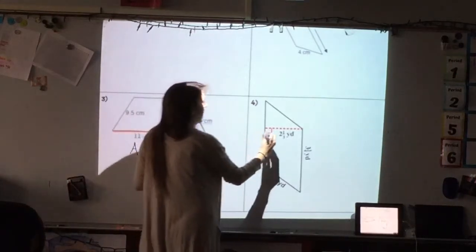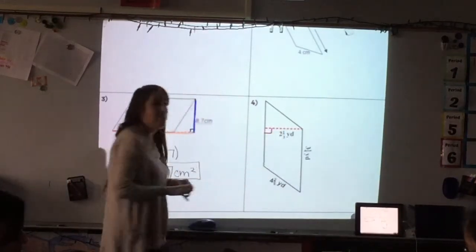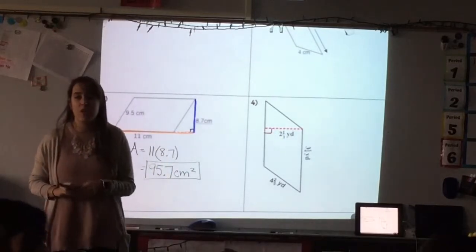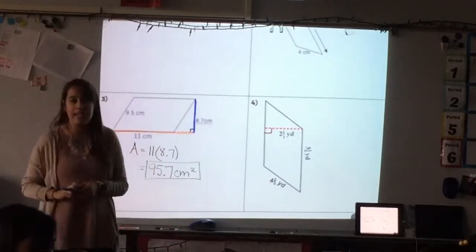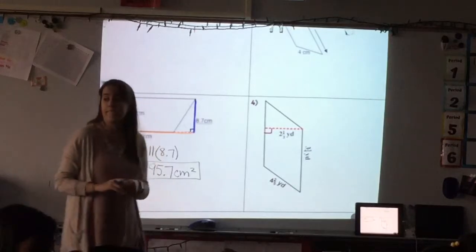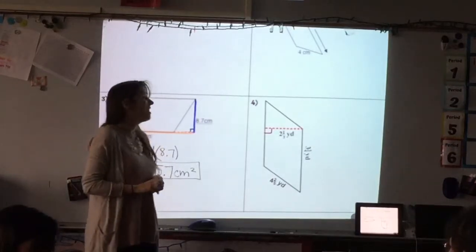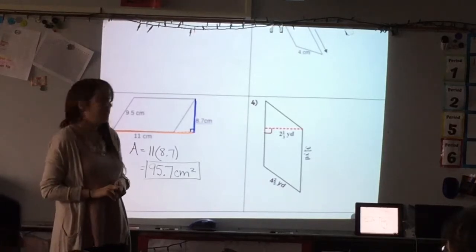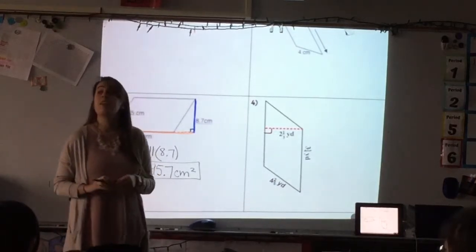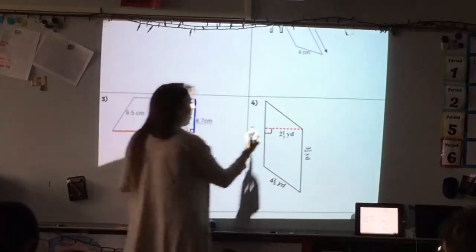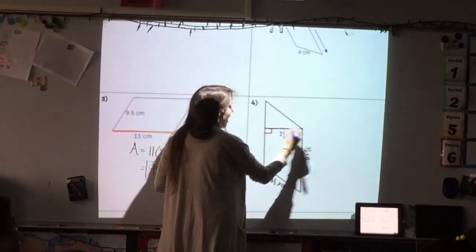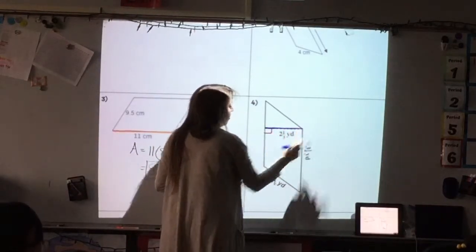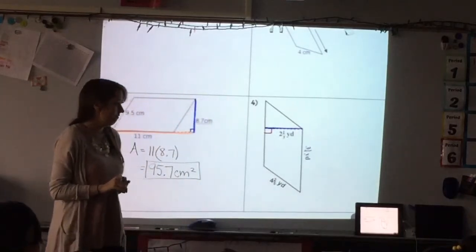So I'm looking for my 90-degree angle. Can anyone tell me what the measure of the perpendicular height would be so I know where to highlight? What's the measure of it? What number? 2 1/3. We're going to highlight this dotted line here. 2 1/3.